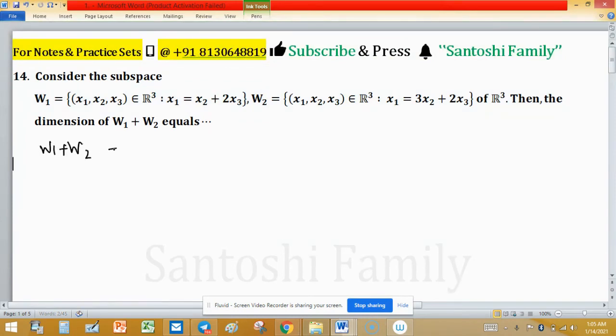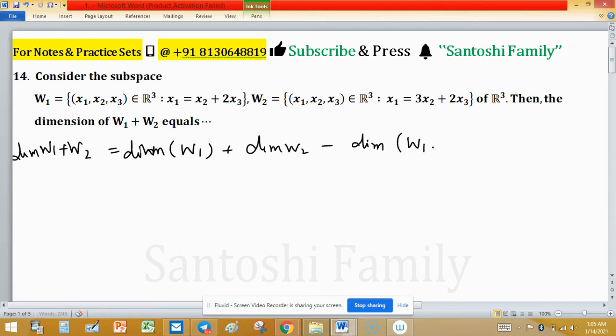Dimension of W1 plus W2 will equal dimension of W1 plus dimension of W2 minus dimension of the intersection of W1 and W2. So we need these three things to find the dimension of W1 plus W2.